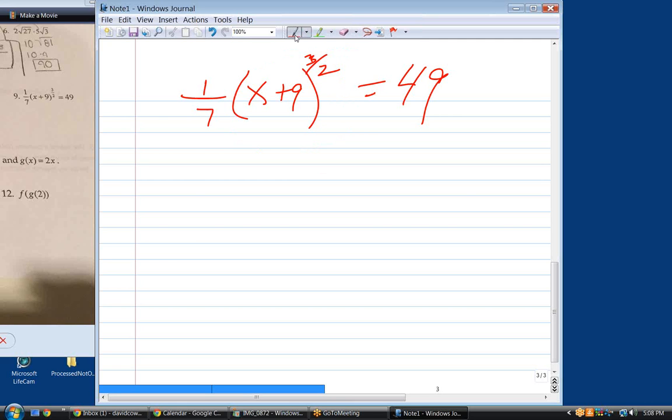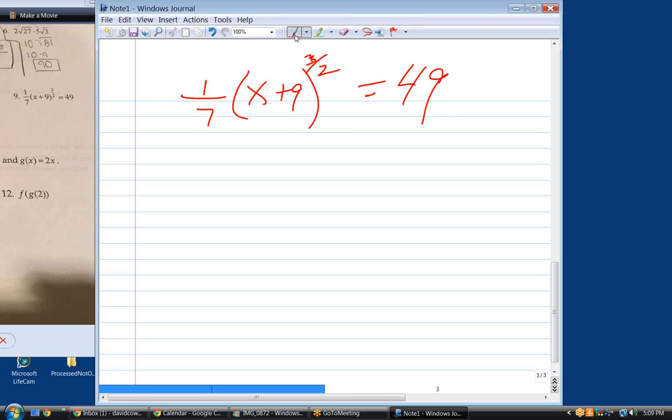You subtract 1. No. What will turn the left side into x plus 9 to the 3/2 power? Oh, you divide by 1. Well, yes, although that's not the way I look at it. I look at it as multiplying by 7.